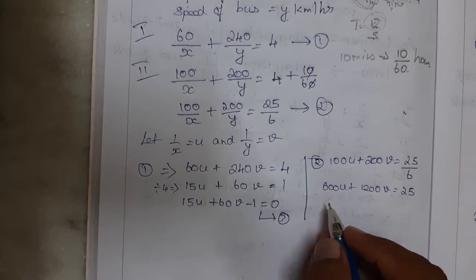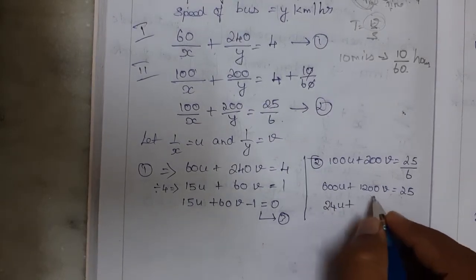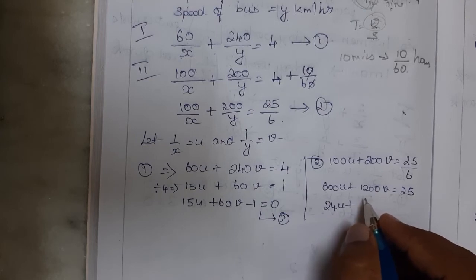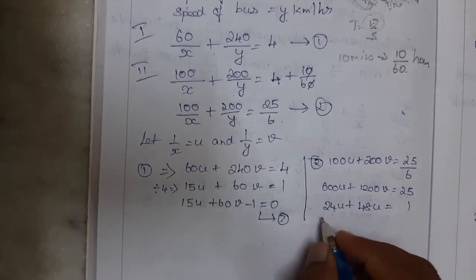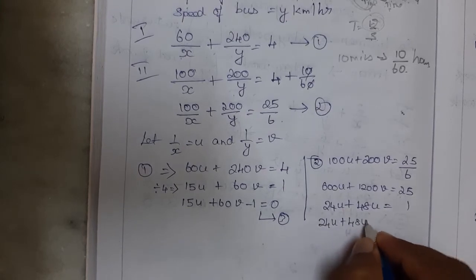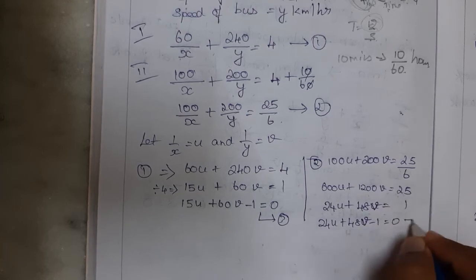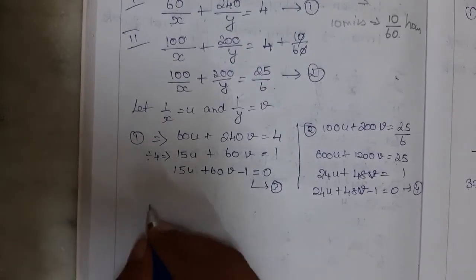So 600 comes for 24 times, 24u plus 1200 comes for 48 times, 48v is equal to 1. Let me bring 1 to this side. It will become 24u plus 48v minus 1 equal to 0. Let it be equation 4. Now I solve with the cross multiplication method.